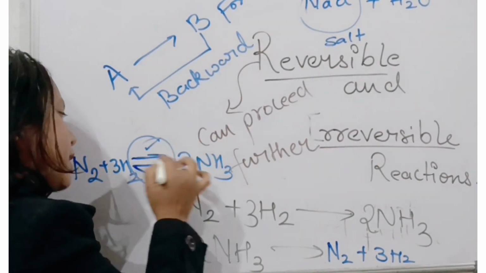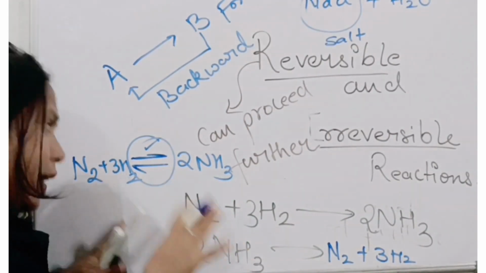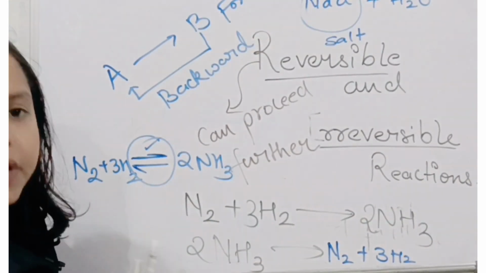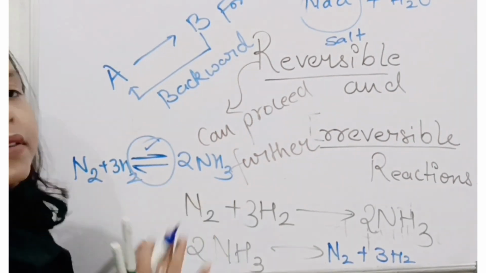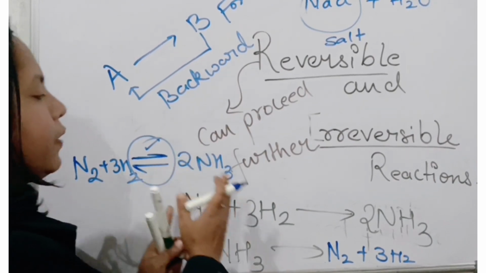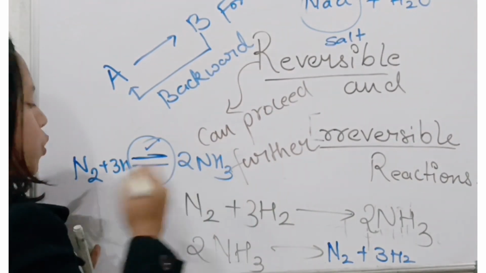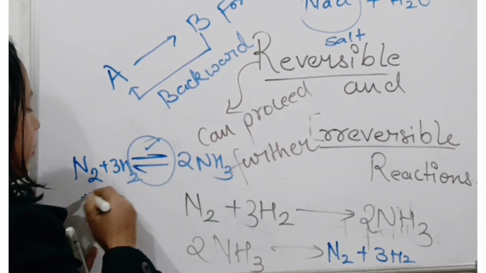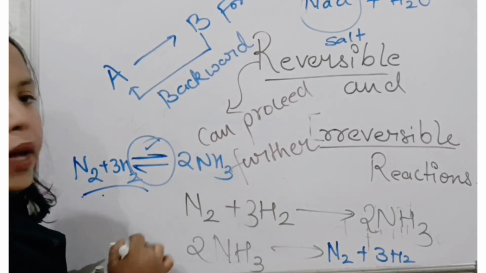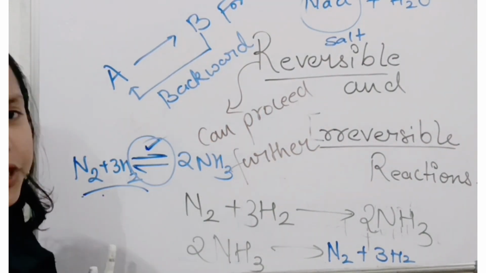This half arrow is showing that this reaction is not in equilibrium, because wherever we talk about equilibrium, we compare the rate of the reaction, meaning reactant as well as product. When the rate of reactant and rate of product are equal, we say it is in equilibrium. But those reactions which convert from A to B and B to A, we say it is a reversible kind of reaction. So this is a simple representation.